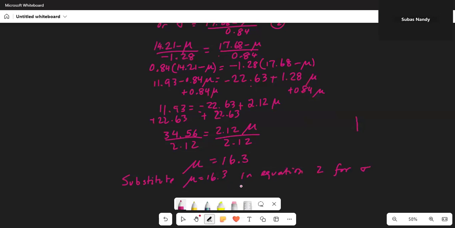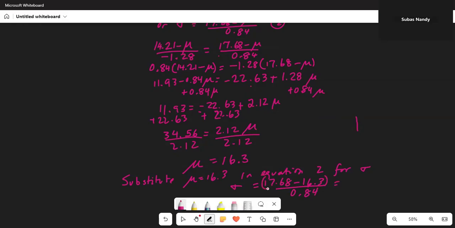So sigma is equal to 17.68 minus 16.3 divided by 0.84, which I can do in one step in my calculator.